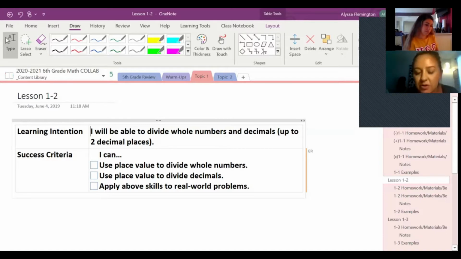Real world problems are word problems that are kind of messy, but they are all things we can relate to. So why do we need to know how to divide decimals and whole numbers? We're going to show you how this will be applicable. Let's get started. Notes time.